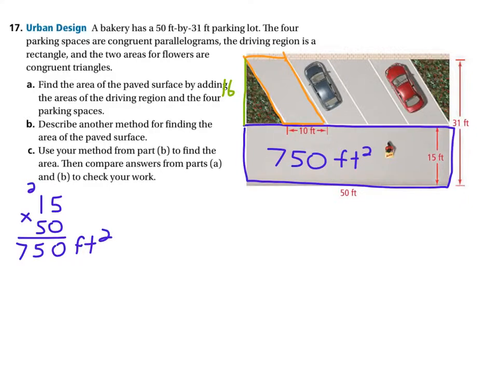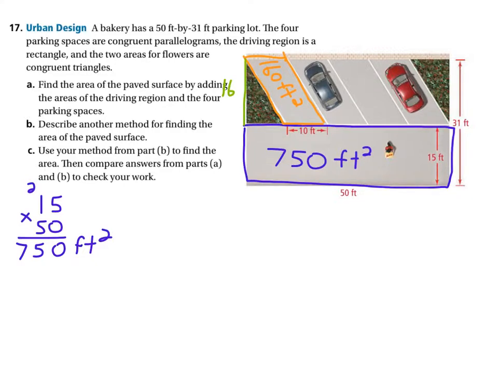Great. Well, if that's 16 times 10 and we're doing base times height, then what is 16 times 10? It's 160. And so we can say that this space has 160 square feet of area.